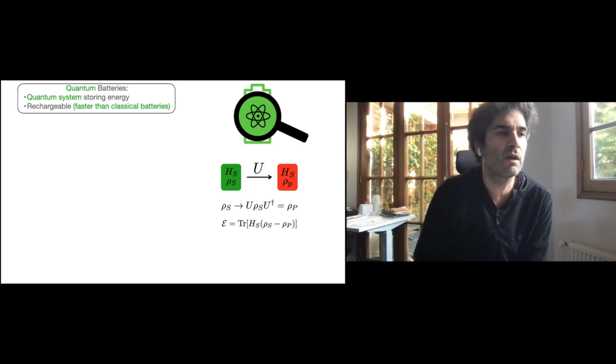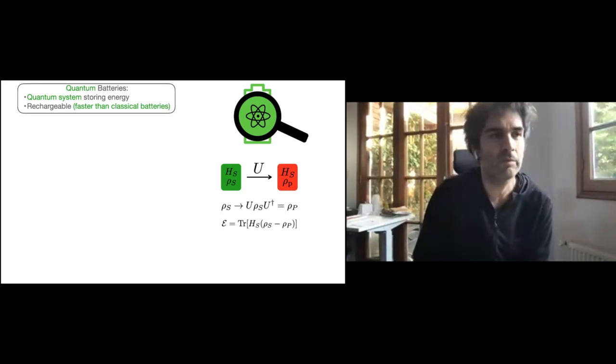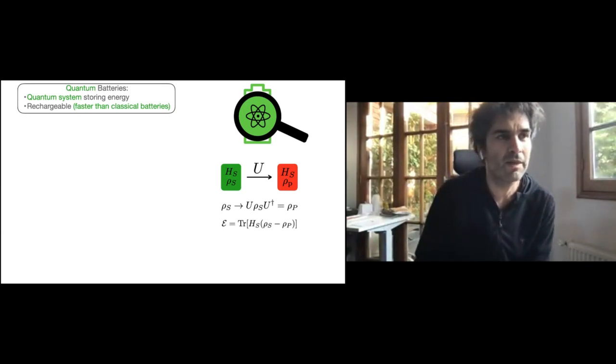And to give a measure of how charged is the battery, we say that we look for the optimal unitary operator, so the one that decreases the most the energy of the system. And this quantity is called the ergotropy. So we will use the ergotropy to quantify the charge of the battery.